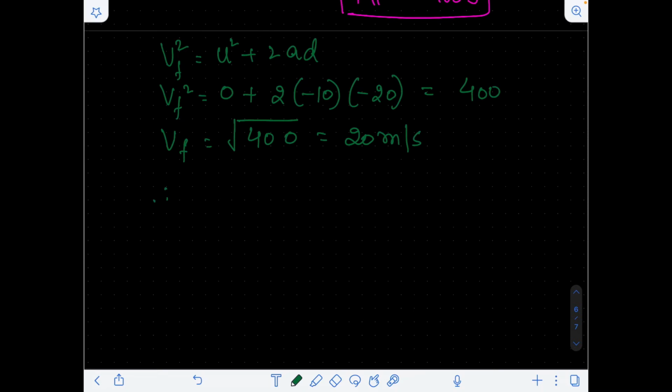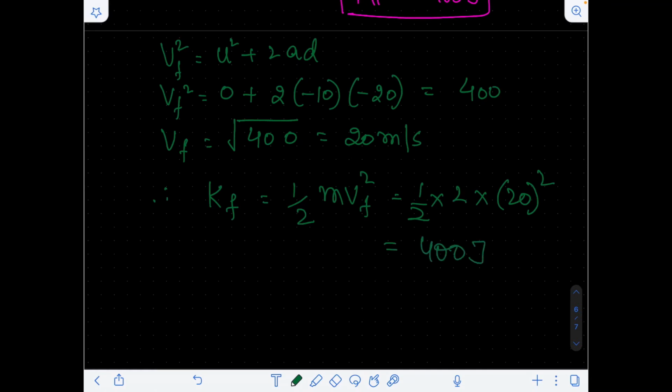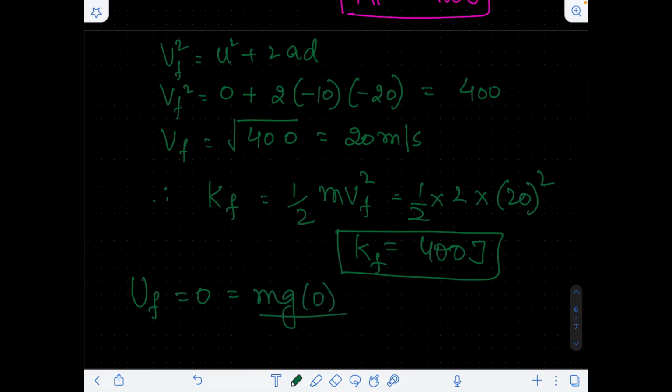Therefore the final kinetic energy is 1 by 2 m v final squared. Let's put the values, m equals 2 kg, v final is 20. When we solve this, it comes out to be 400 joule. So the final kinetic energy is 400 joule, and the final potential energy is 0 because it is mgh, and the value of h at the ground is 0.